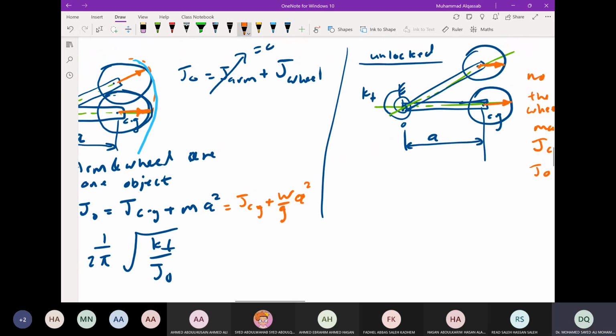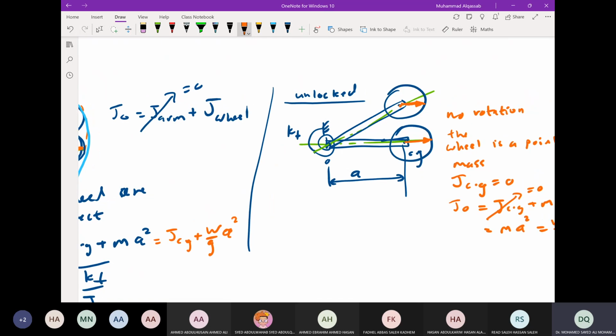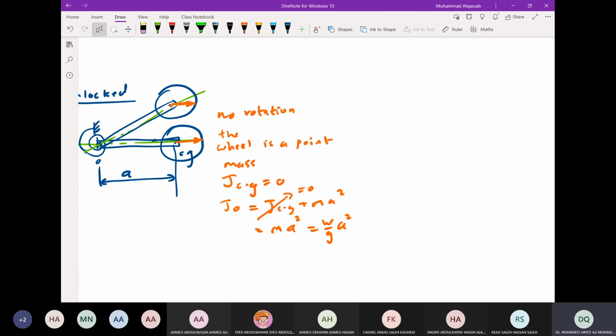Okay, so this is the difference between locked and unlocked. For locked, there will be rotation as well as translation, but for unlocked, it is only curvilinear translation, with no rotation about the center of gravity. The moment of inertia about the center of gravity is 0, and we take this as a point mass. It is like hanging a mass with a cord.